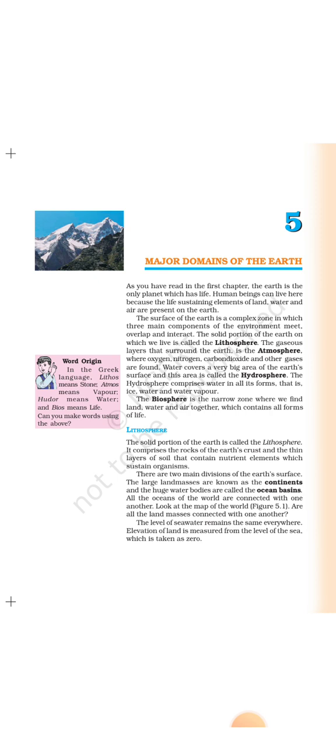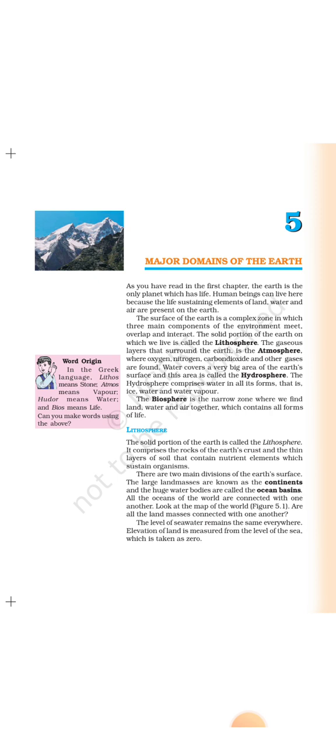If we talk about the lithosphere, it is divided into two main divisions of the Earth's surface. The first is the large landmasses, which are called continents, and the huge water bodies are called oceans.